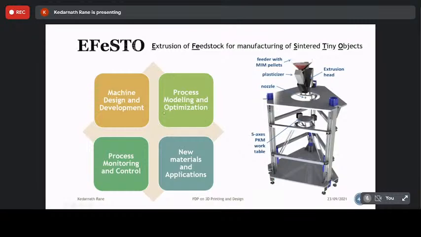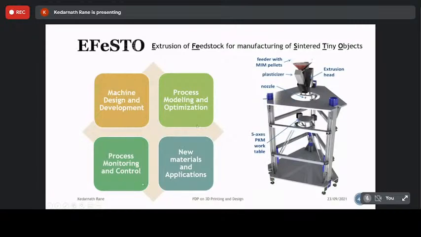So we predominantly worked on 4 aspects to develop this machine. One is machine design and development. As you see, it's the prototype for this kind of application. We worked on process modeling and optimization of the EAM process, because we started working on this process when there was no commercial or research work available. So we are one of the pioneers in this machine and process modeling and optimization.